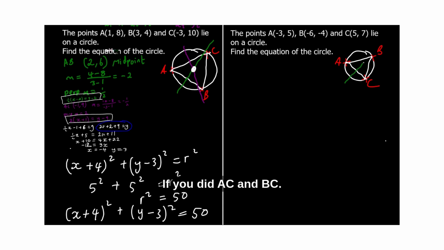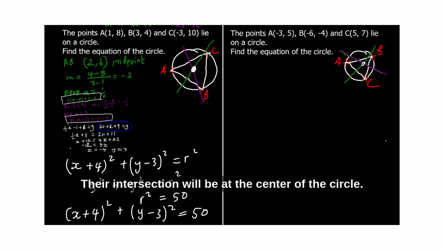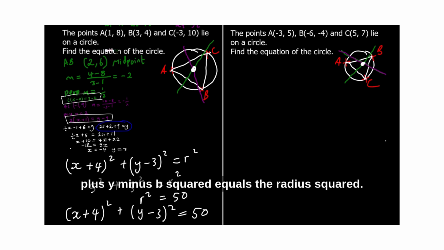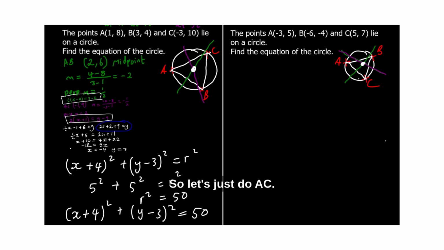If you did AC and BC, you'd get the two perpendicular bisectors. Their intersection will be at the center of the circle, and then from there we can just write down the equation in the form x minus a squared plus y minus b squared equals the radius squared. So let's just do AC.